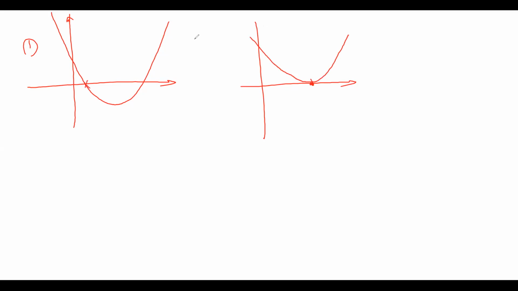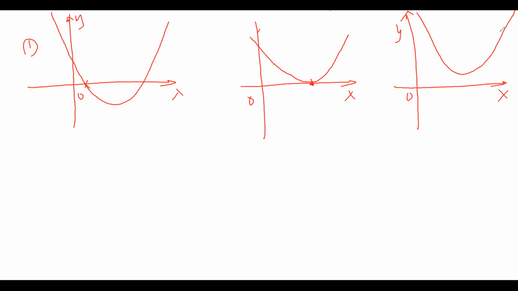The first has 2 intercepts. And the third one, sometimes you can draw the mouth open but it doesn't touch the x line, doesn't cross. There's no x-intercept. Here's one x-intercept. This has 2. This is the second situation, this is the third situation.